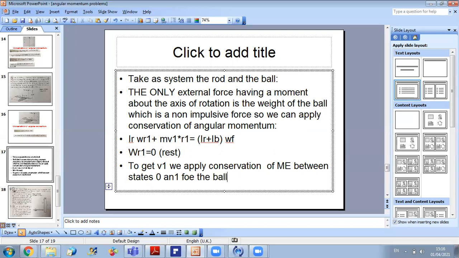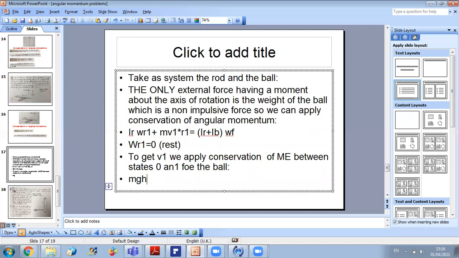So if I apply conservation of mechanical energy, at first I had zero velocity, I only had potential energy mgh, equals 0.5 m v1 square.